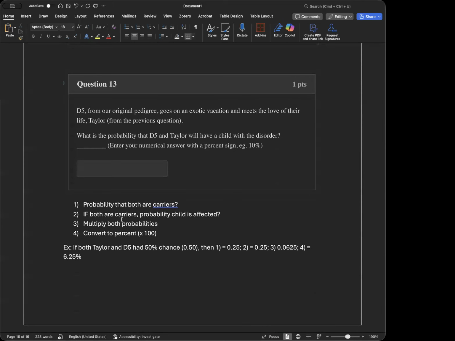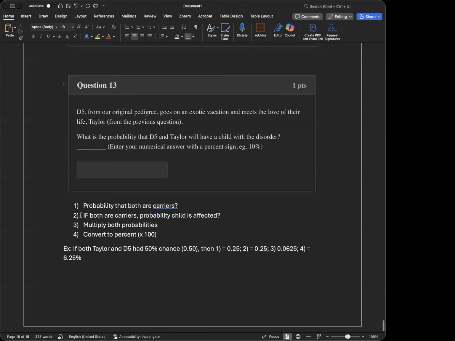So if both people are carriers, they have a 1/2 chance of passing on an affected allele. So we can figure out the probability of having an affected child by multiplying a carrier times a carrier. So 1/2 times 1/2.